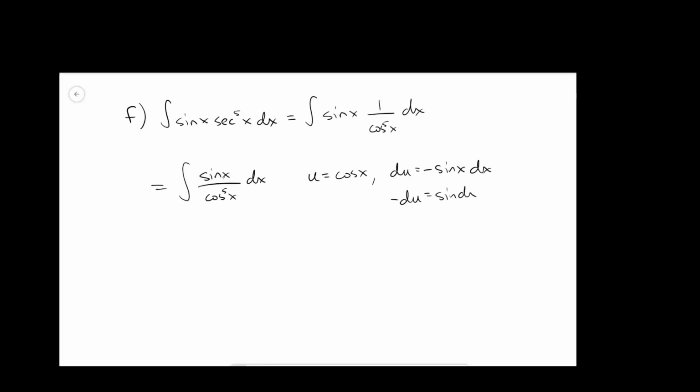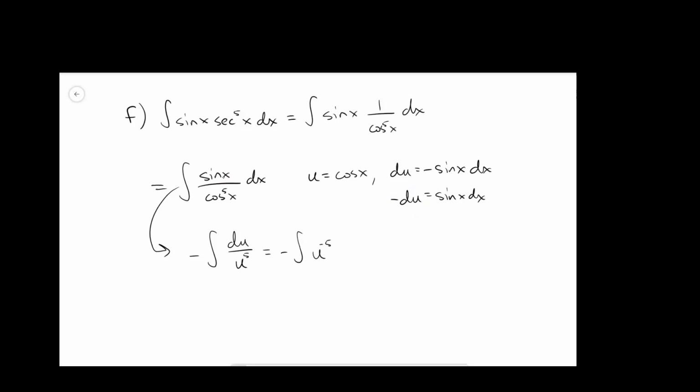And so when I see sine x dx in the integral, I know what it's going to change into. It's going to change into negative du. So in our new integral with u's, we're going to get negative integral du over u to the fifth power, which is again pretty nice because that's just a power function.